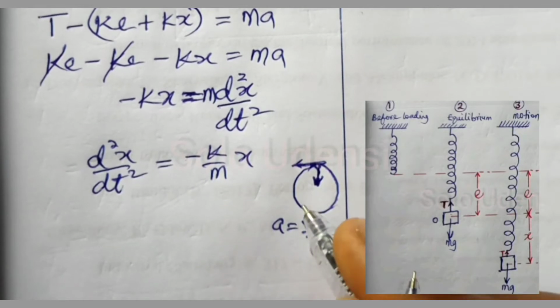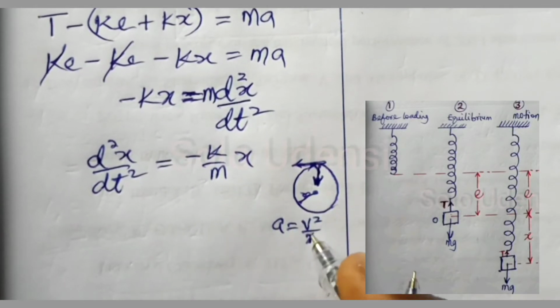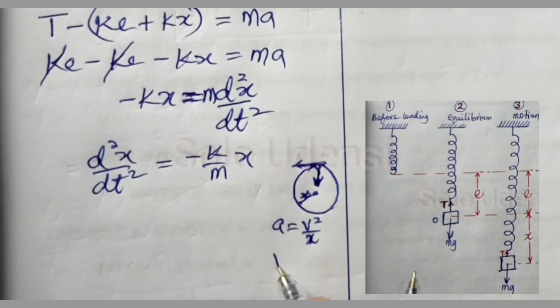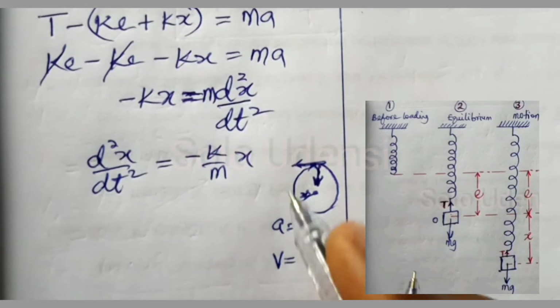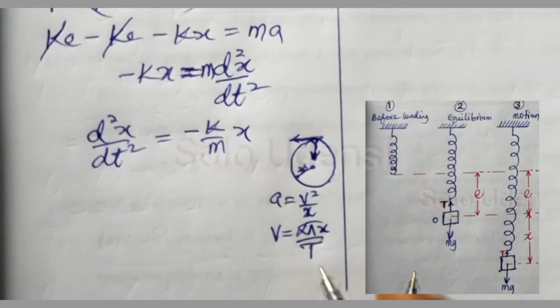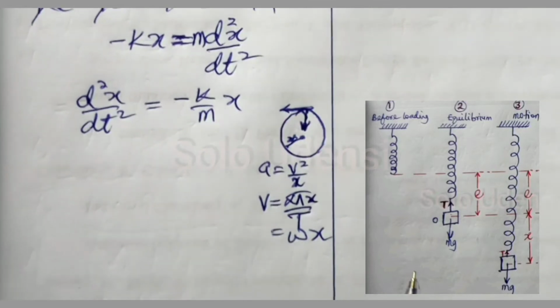So if the radius is x, it will be v squared over x. And we also said that v is equal to 2 pi r, 2 pi x in this case, over T. That's equal to omega x.